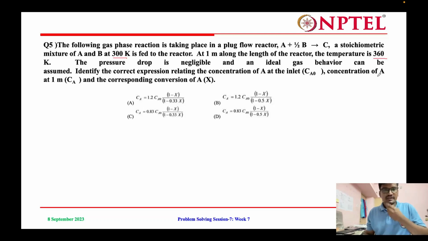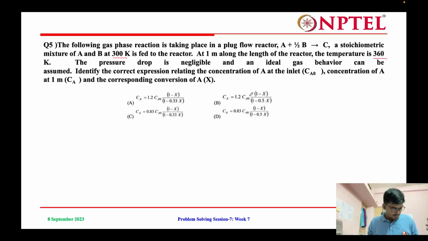Ideal gas behavior can be assumed. So identify the correct expression relating the concentration of A at the inlet C_A0, concentration of A at 1 meter C_A, and the corresponding conversion of A, X.